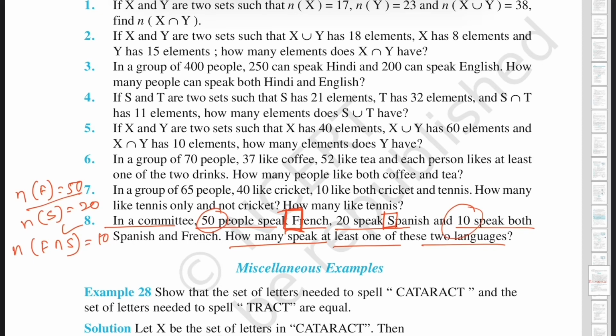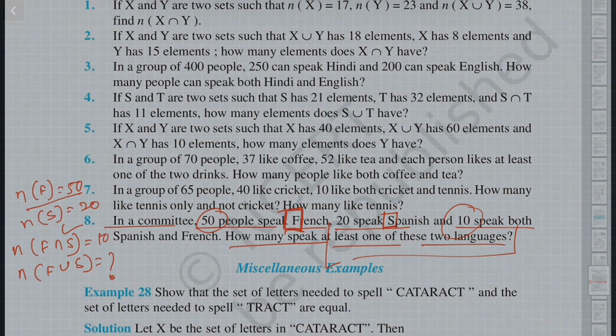We need to find the number of elements in the set F union S, that is, who can speak at least one language. Now let me show you how to solve this.